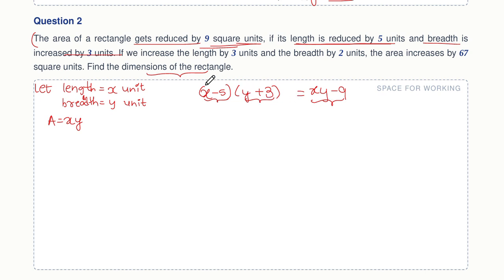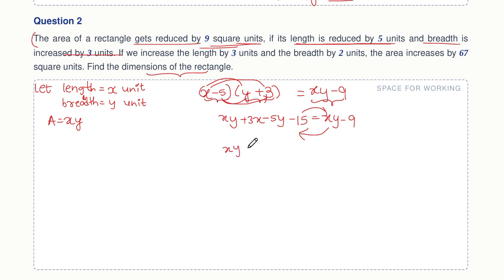Okay, so again multiply it, so x into y, xy, x into 3, plus 3x, minus 5 into y, minus 5y, minus 5 into plus 3, so minus 15, is equal to xy minus 9. So change the terms again, this term we will take this side and minus 15 will go that side.